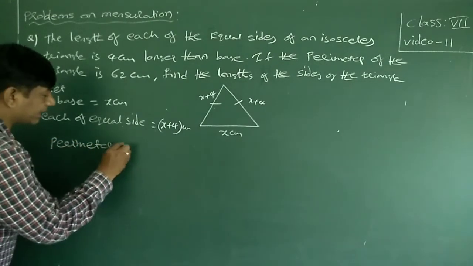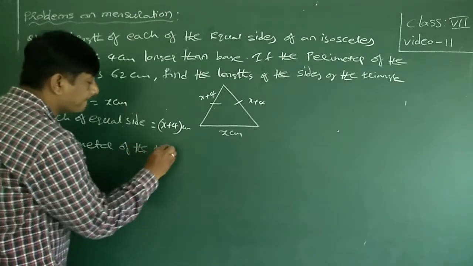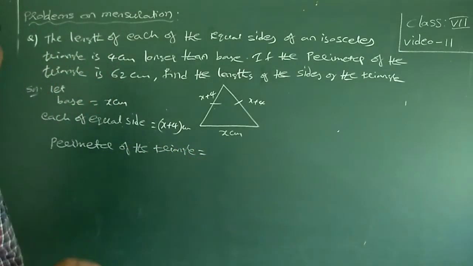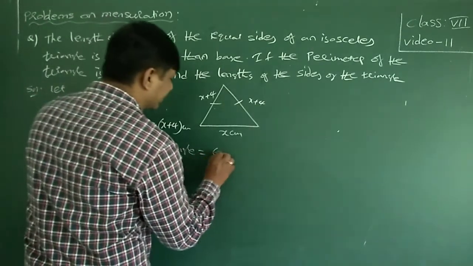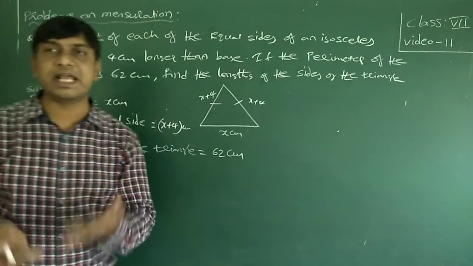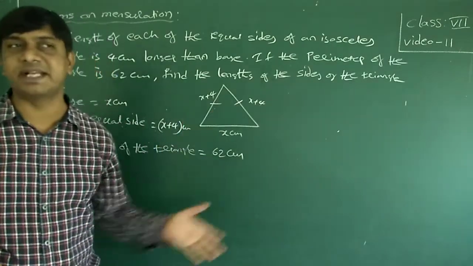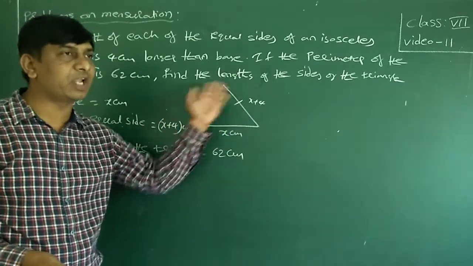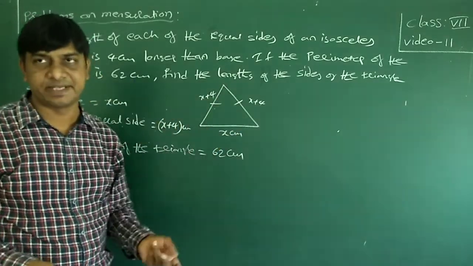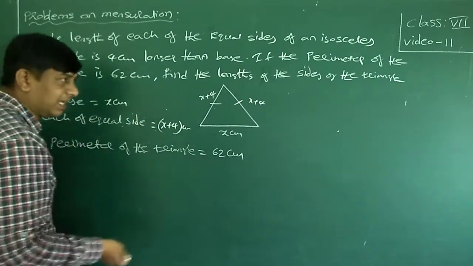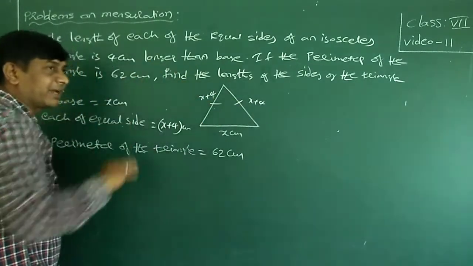Now another piece of given information: the perimeter of the triangle is equal to 62 centimeters. In any triangle, the perimeter is the sum of the three sides. Since this is an isosceles triangle, two sides are equal, so 2 into the equal side plus the third side, the base. You can apply that formula or the basic condition.